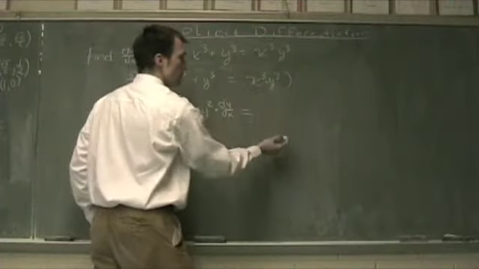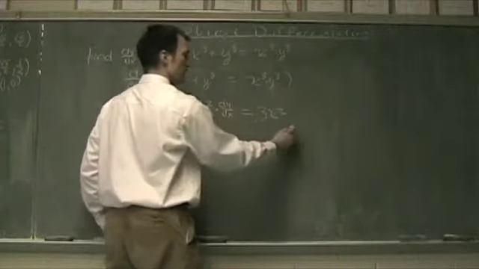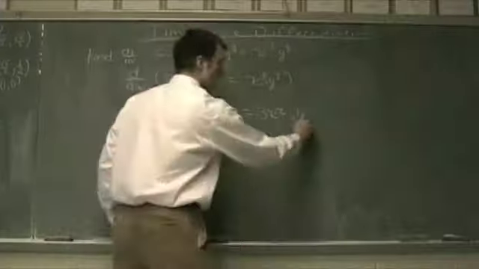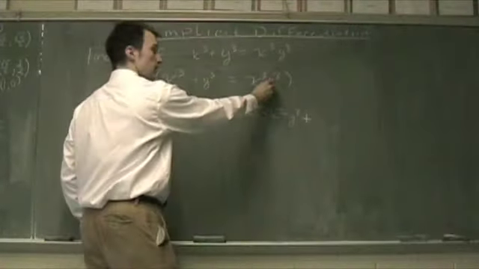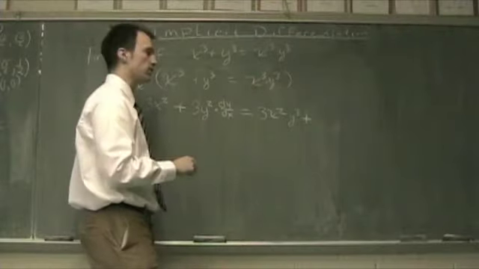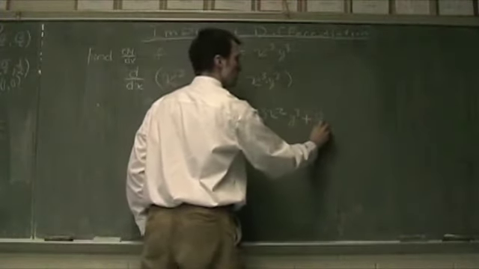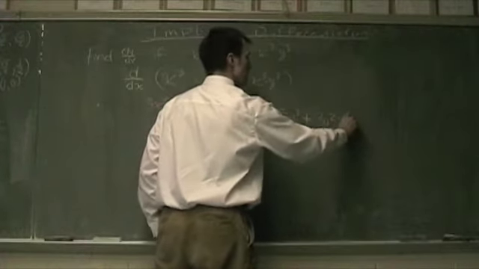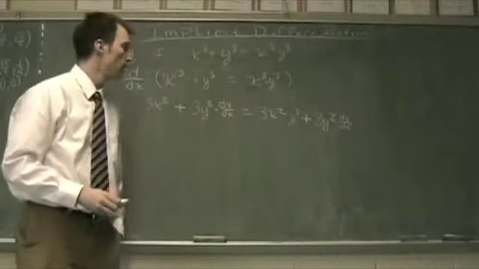The derivative of the first is going to be 3x squared times the second, which is y cubed. Okay? Then we plus the derivative of the second, of this y cubed, times the first. Well, derivative of y cubed is again going to be 3y squared times the derivative of y with respect to x.